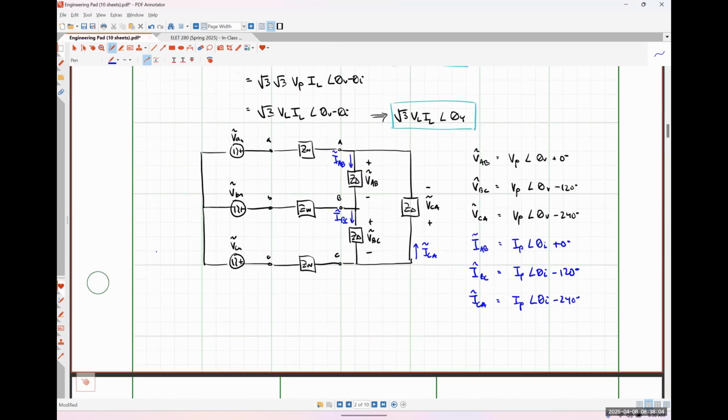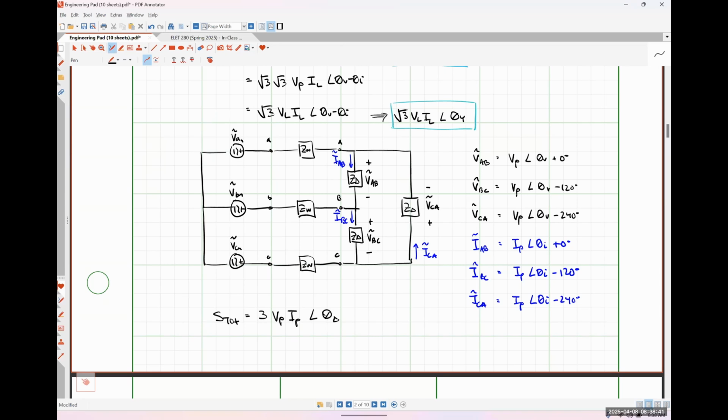So for this delta connected load, we should essentially see that our total complex power is going to be 3 VP IP with an angle of theta delta, where that is just the angle of the delta connected impedance. So it's essentially the exact same thing. It's just 3 multiplied by the magnitude of the phase voltage multiplied by the magnitude of the phase current with an angle of whatever the phase angle of the connected impedance is.